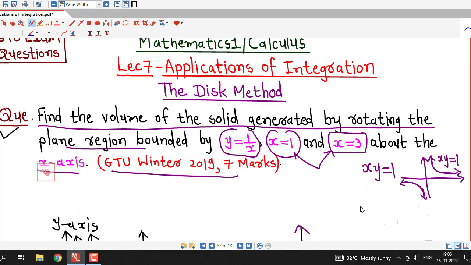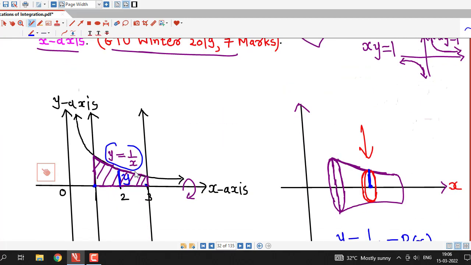Okay, so in this way we can easily find out the volume of the solid generated by rotating the plane region about x-axis. We will keep in mind that when we are rotating about x-axis, we will consider the cross section perpendicular to x-axis, and this cross section is a circular disc of radius y, and this y is given by 1 by x, because we are considering different discs of different radius.